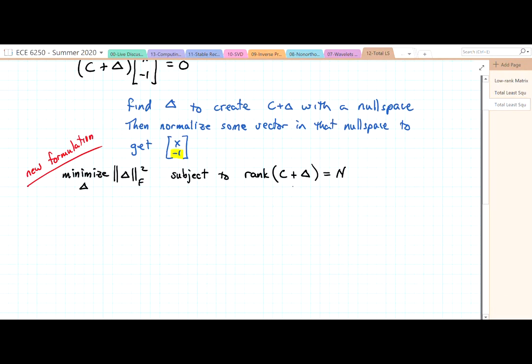Let's call this capital X. Then this becomes, since C is already defined, we're minimizing now over X, and delta is just C minus X or X minus C. It doesn't matter because we're taking the squared Frobenius norm.